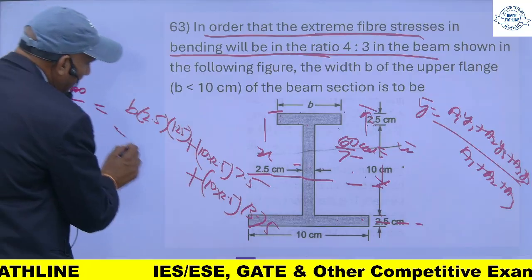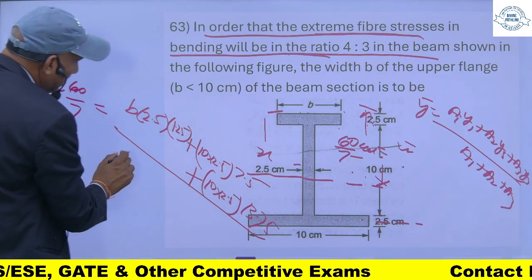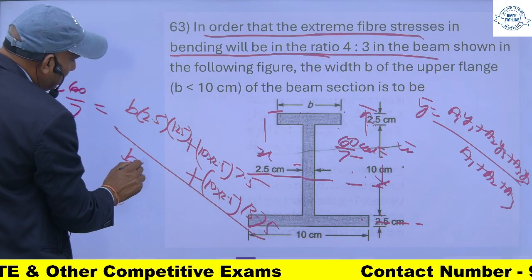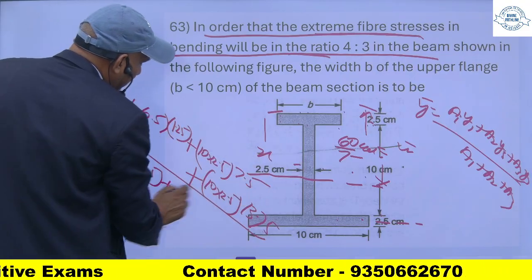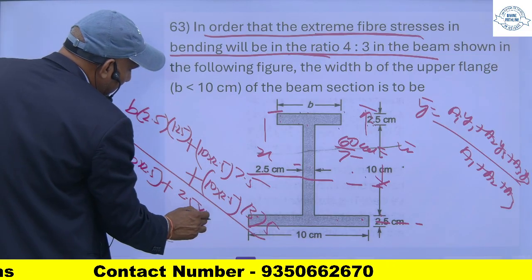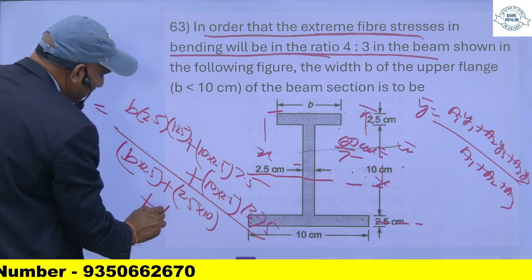divided by the area of this, B into 2.5, plus area of this, which will be 2.5 into 10, plus area of this, which will be 10 into 2.5.